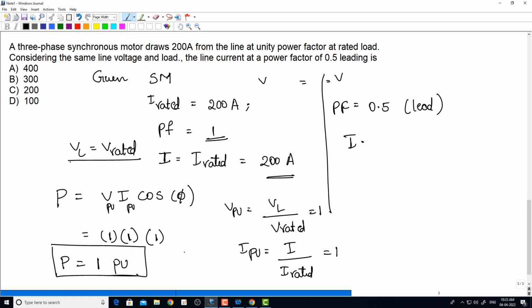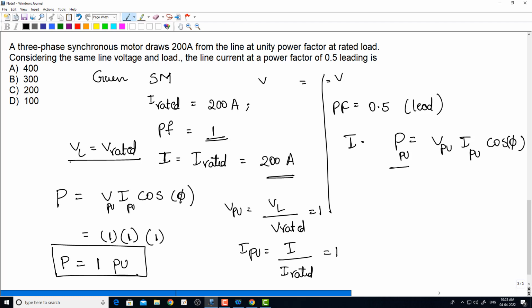And they are saying that considering the same line voltage and the load means the power consumed by the synchronous motor in this case also is constant, that is P is equal to V per unit into I per unit into cos phi.